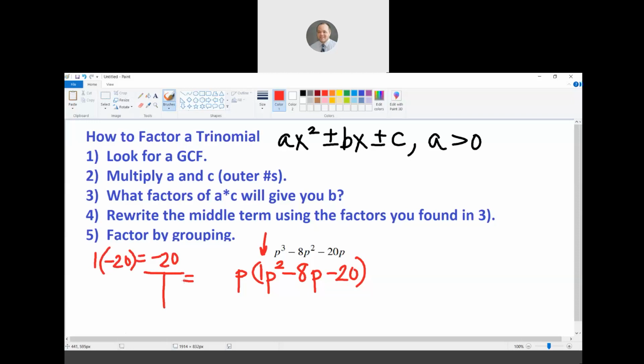Step 3, what factors of negative 20 will add or subtract to give you the middle term, negative 8? Through trial and error, we know that negative 5 and 4 does not work. That gives us negative 1.